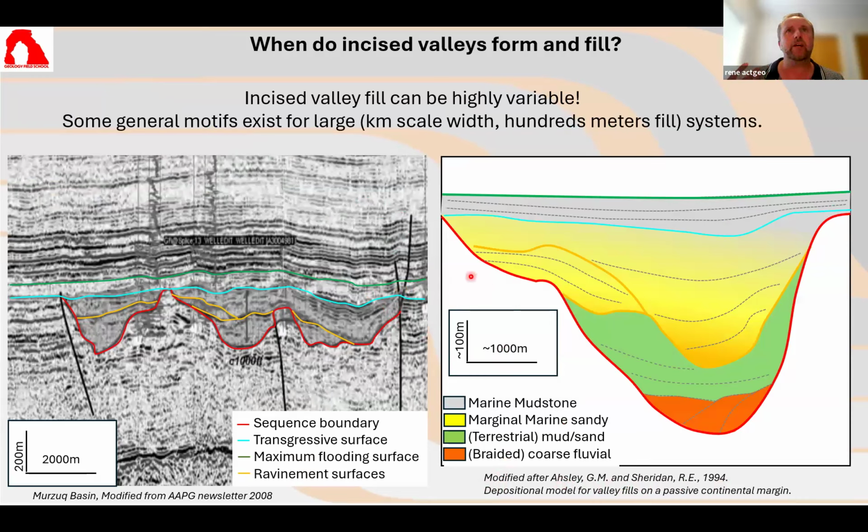But very often, incised valleys are associated with fairly significant erosion. So we're typically talking about hundreds of meters of fill and kilometer-scale width. Very often the basal part tends to be more fluvial dominated fill. And as you go up and sea level starts to backfill into the canyons again, we often get what are called marine ravinement surfaces.